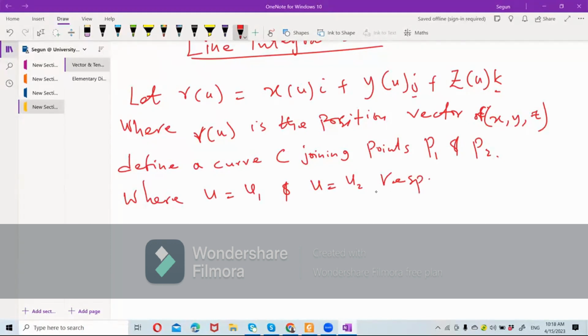So what this is telling us is talking about the boundary, the components, and different areas of line integral.